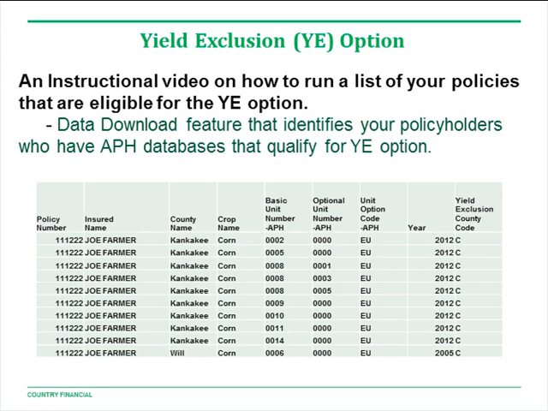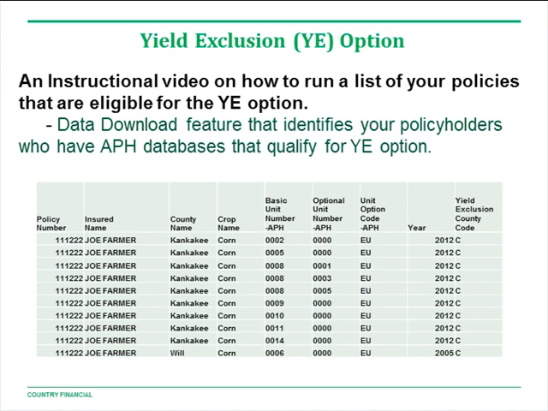So my example here of Joe Farmer, corn unit 2000, the 2012 year is eligible. Or the last one on Joe Farmer's list, Will County corn unit 600, 2005 is an eligible year.